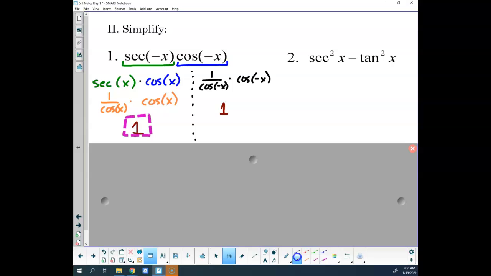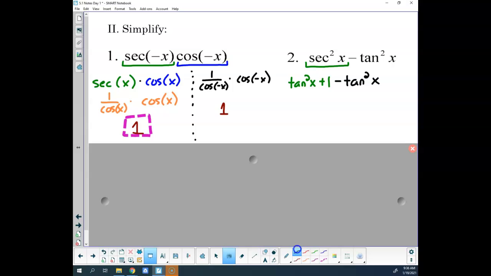So secant squared of x minus tangent squared of x. Using number 11, we could say that the secant squared of x is the tangent squared of x plus 1, then minus tangent squared of x.